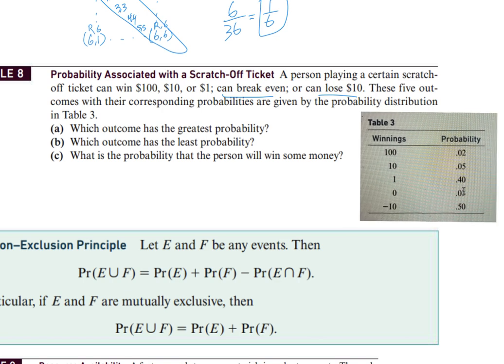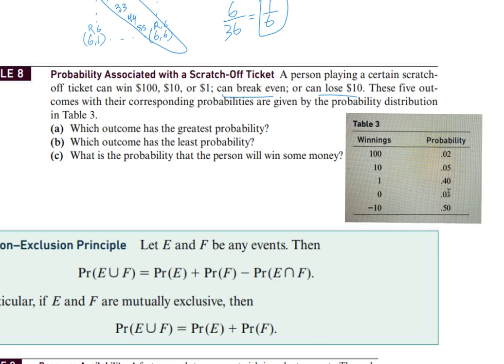There's a 2% chance of winning $100, 5% chance of winning $10, 40% chance of winning a dollar, 3% chance of breaking even, and a 50% chance of losing.